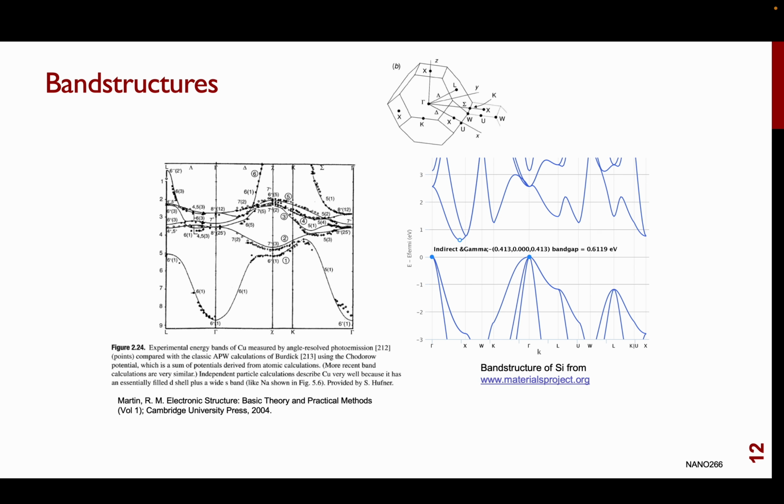So that's one reason. But even if you go to exact Kohn-Sham theory, the problem is in the Kohn-Sham construction, you are creating a system of non-interacting electrons. Okay, and that's also another reason why the band gap is significantly underestimated.